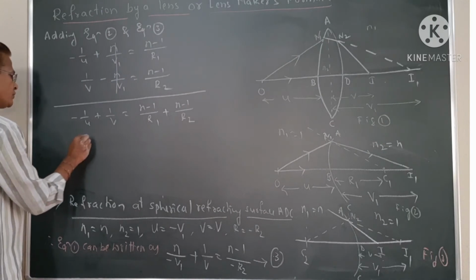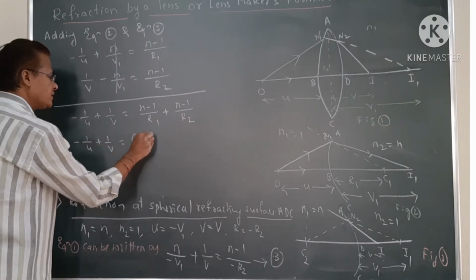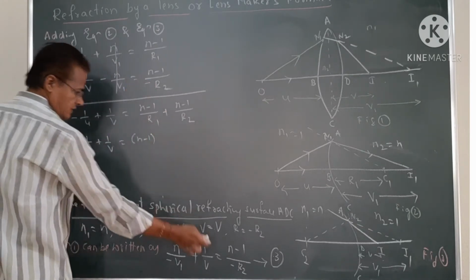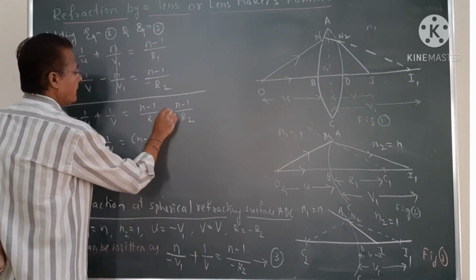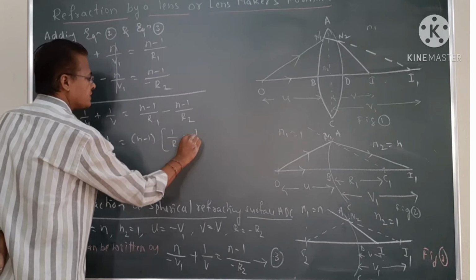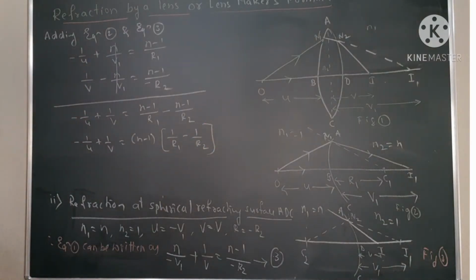So this is minus 1 by u plus 1 by v, and we take n minus 1 as a bracket common, so it is bracket 1 by r1 minus 1 by r2.